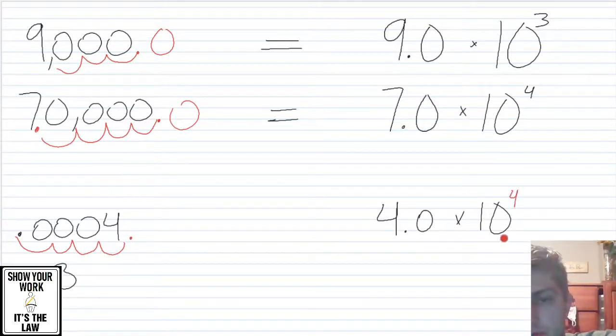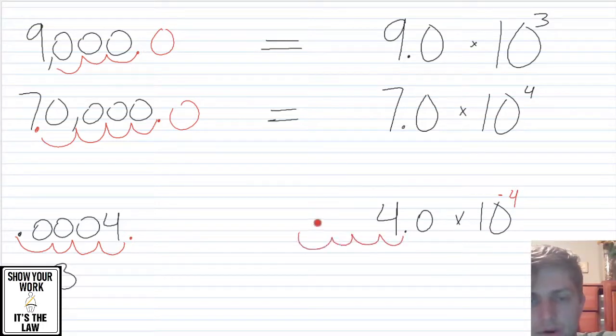That moves our decimal 4 times to the right. So now instead of 0.0004, we're actually getting 40,000. So what we need to do is actually multiply by -4, because negative means we're moving the decimal to the left. 1, 2, 3, 4, 0, 0, 0, and that's what we started with over here.